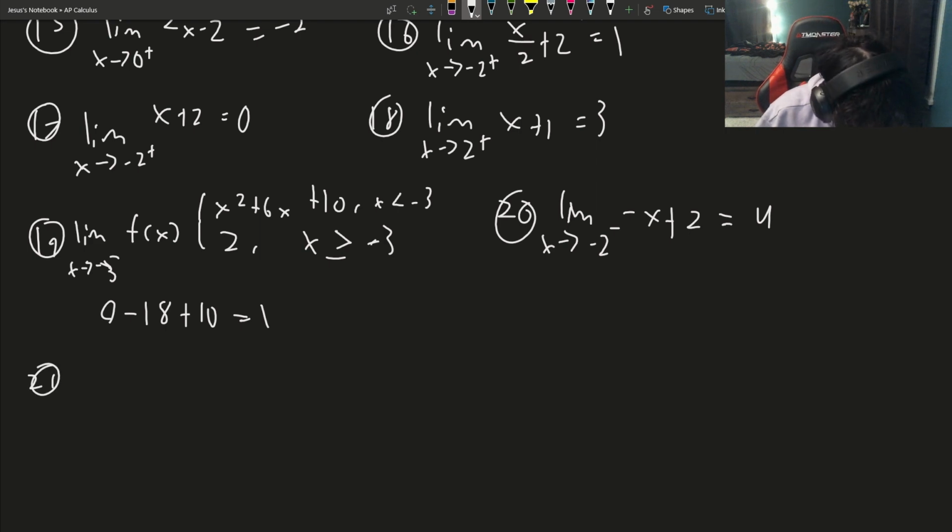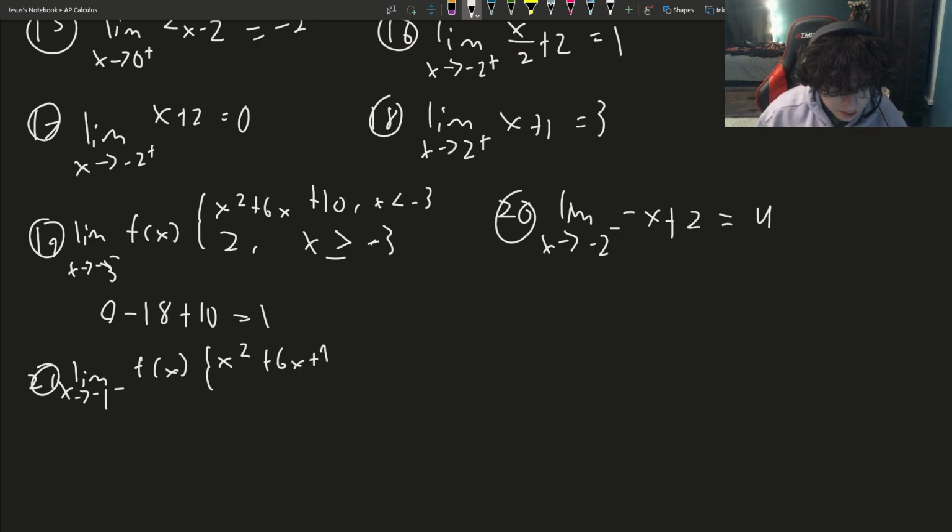21, the limit as x approaches -1 from the left of f of x, a piecewise function, x squared plus 6x plus 9 if x is less than or equal to -1, and -2x minus 3 if x is greater than -1.